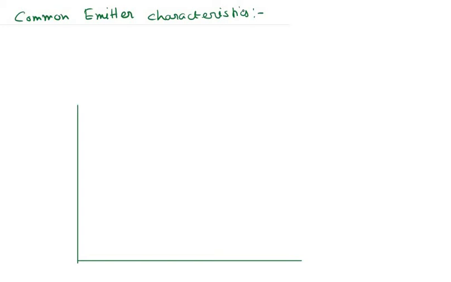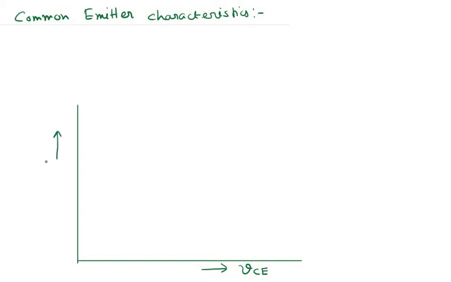Here, because the emitter is grounded, the collector voltage is the same as the collector to emitter voltage. In the common base configuration, collector voltage was the same as the collector to base voltage because the base was grounded. In the common emitter configuration, the collector voltage is the same as the collector to emitter voltage, VCE, because the emitter is grounded. We want to understand how the output current, which is the collector current in this case, varies with the collector voltage.